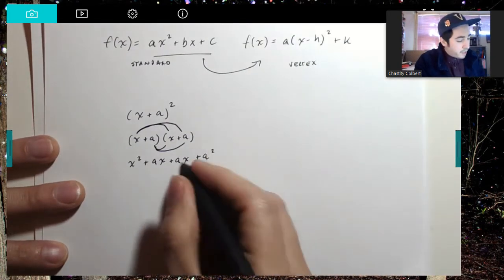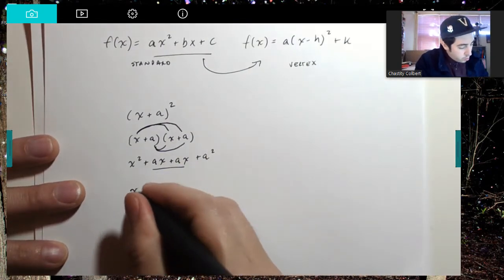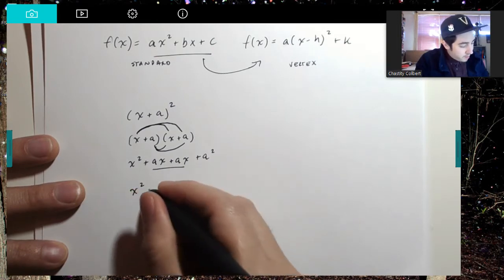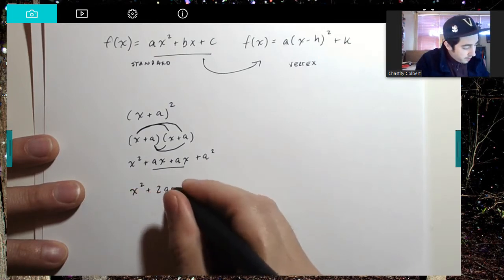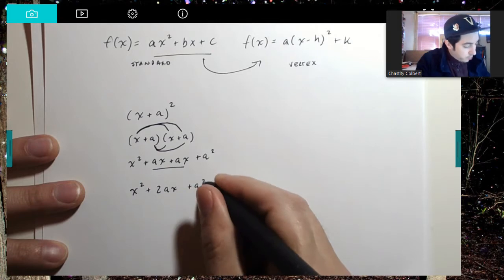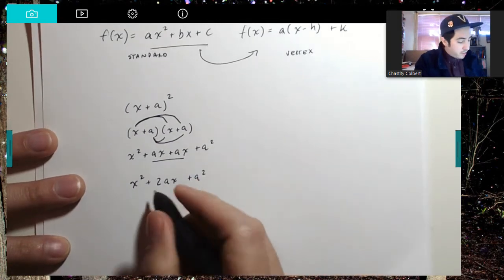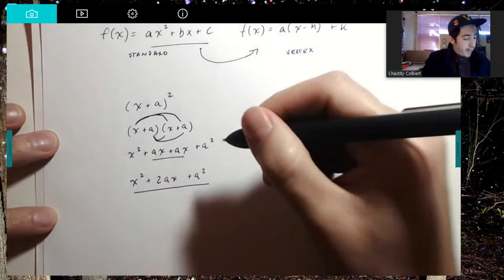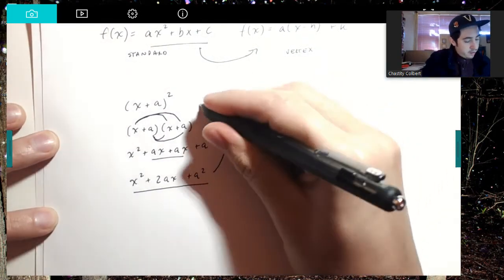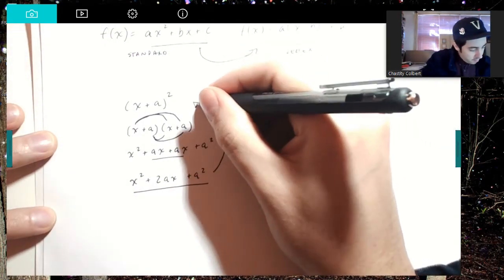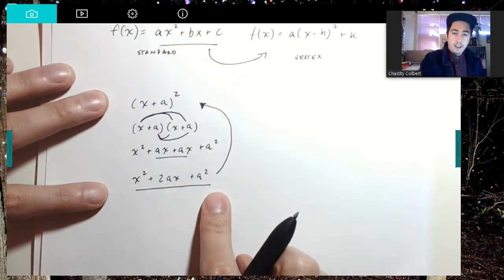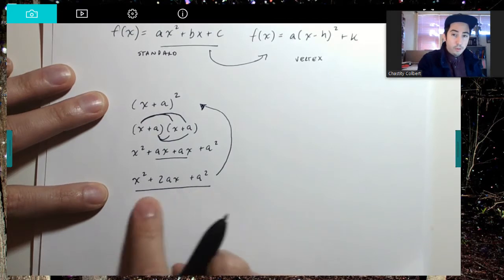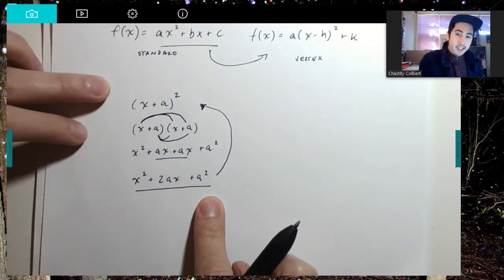Then I can combine the middle terms, where this is x squared plus 2ax plus a squared. So this is a perfect square trinomial because you could factor it to this. These are the same thing. If I see anything in this form, I can rewrite it as this.